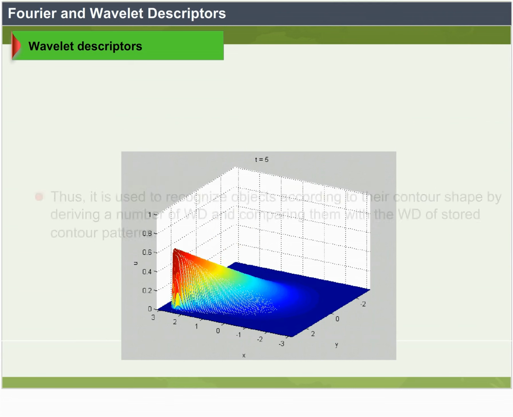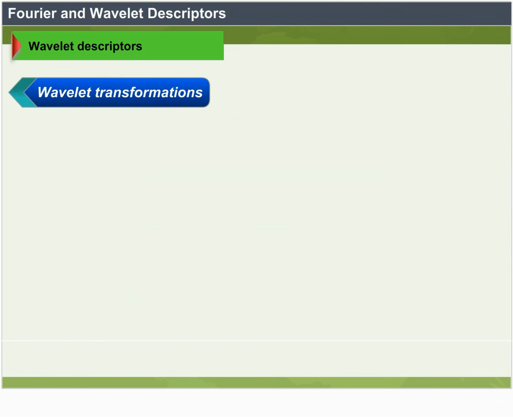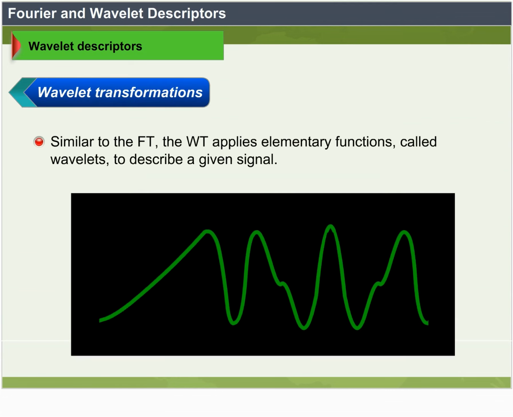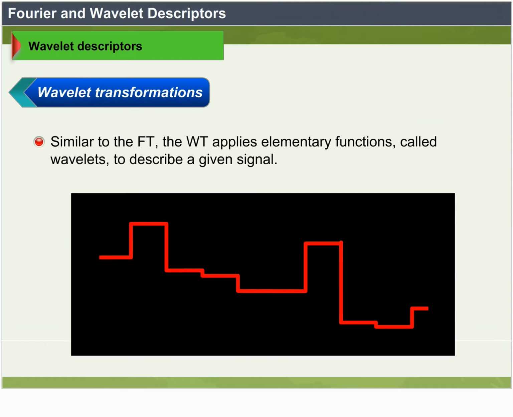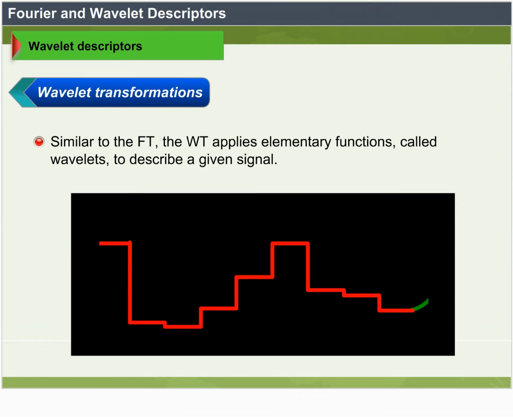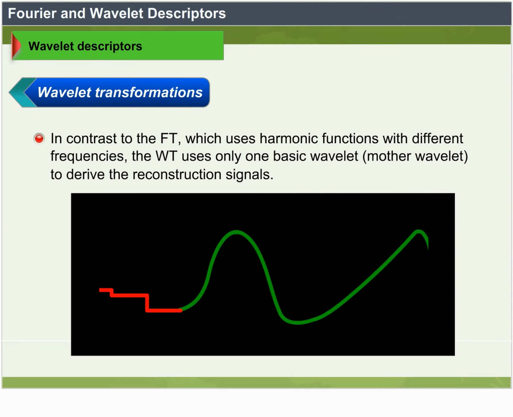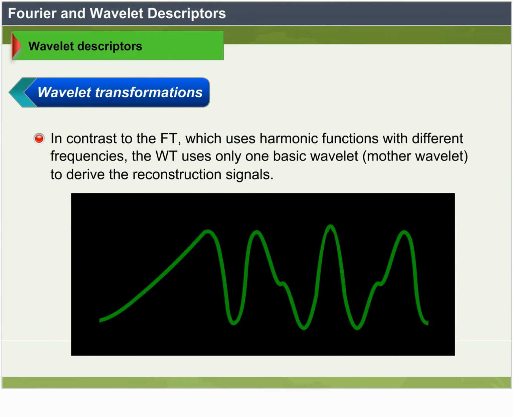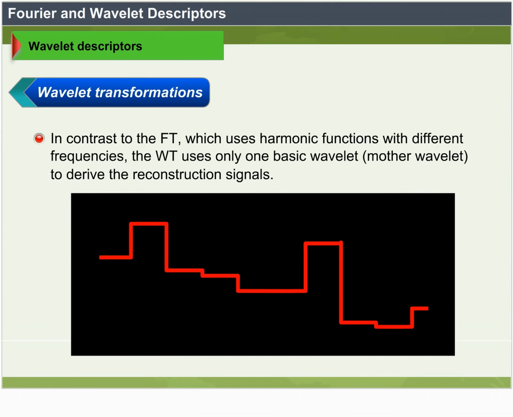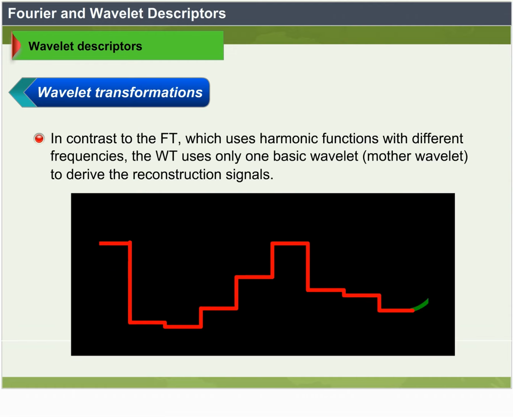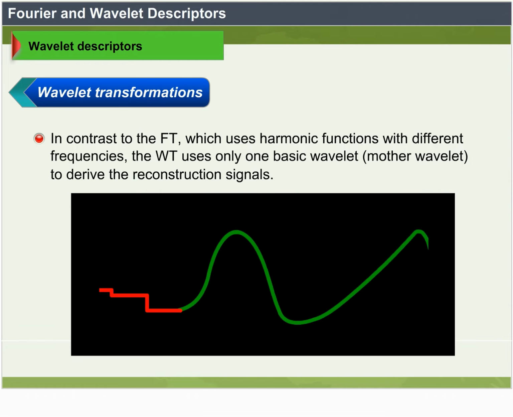Wavelet transformations. Similar to the FT, the WT uses elementary functions called wavelets to describe a given signal. In contrast to the FT, which uses harmonic functions with different frequencies, the WT uses only one basis wavelet, the mother wavelet, to derive the reconstruction signals.